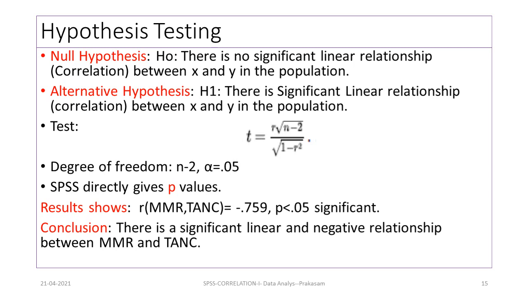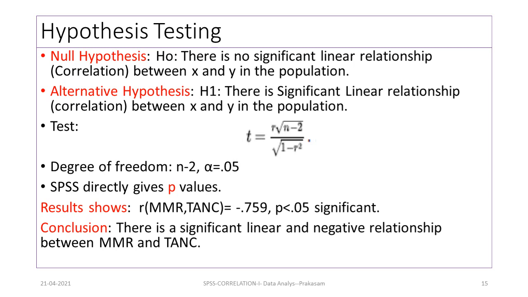Since this follows a t-test, the t-test formula is given by t equals r root n minus 2 divided by root 1 minus r square, where small r is the correlation coefficient, n is the number of pairs, and n minus 2 is the degrees of freedom, for a given alpha of 0.05.